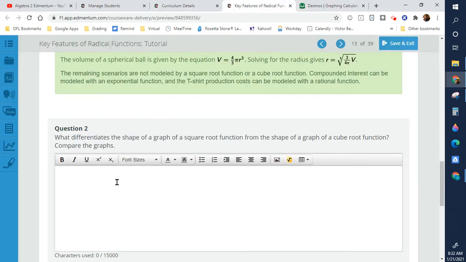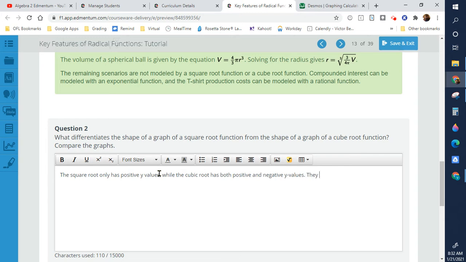All right, so if we compare the graphs, the square root only has positive y values, while the cubic root has both positive and negative y values.